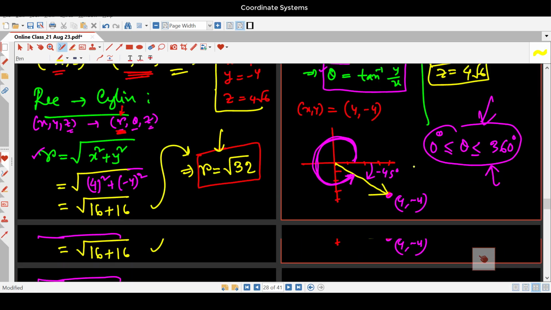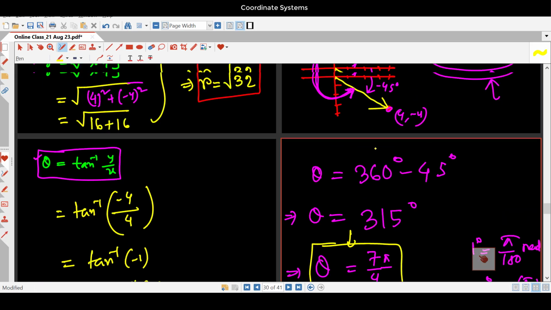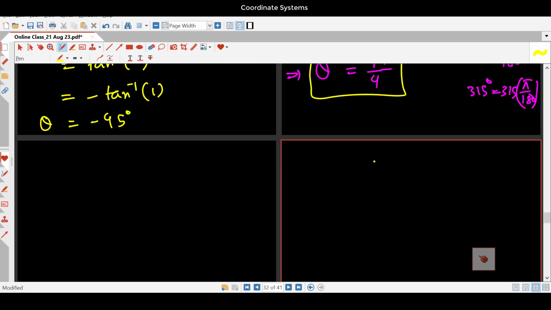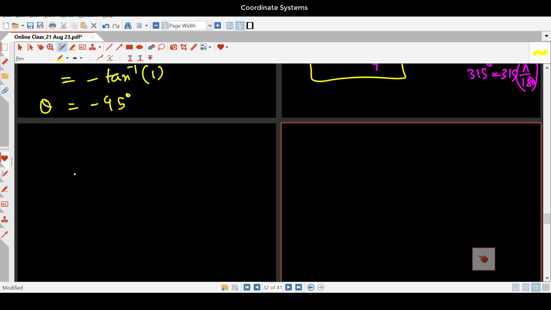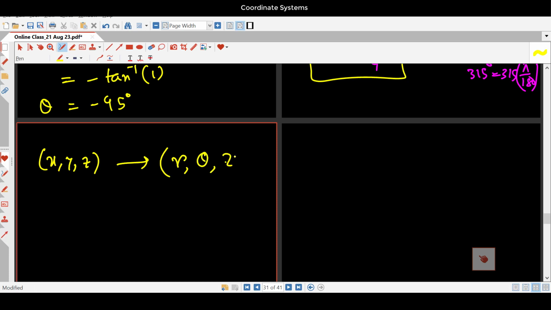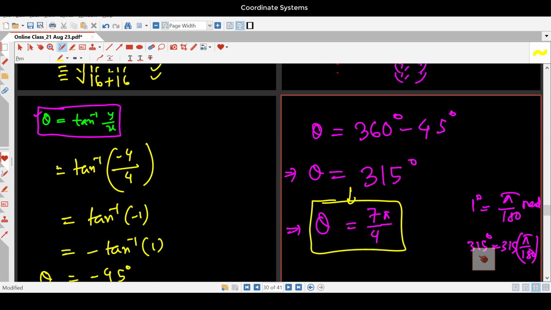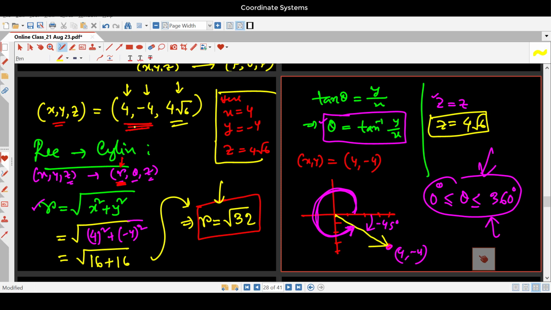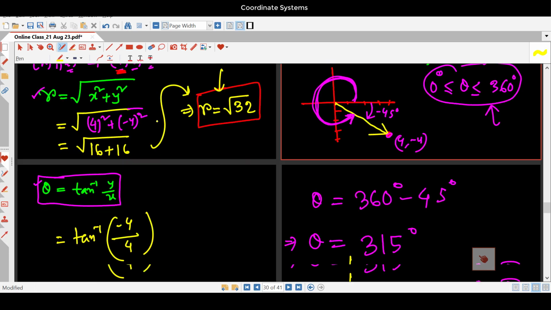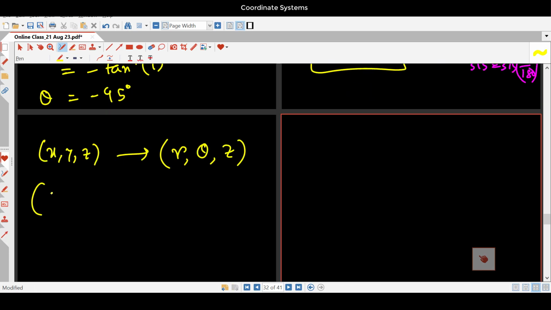If we collect all this information, then we can say that the point x comma y comma z has been converted to r, theta, z. So have a look. The point is 4 comma minus 4 comma 4 root 6.